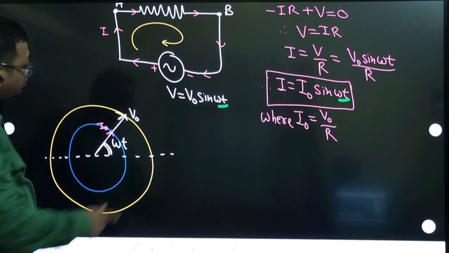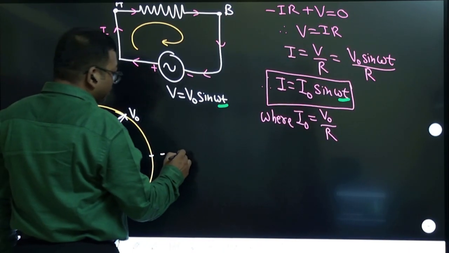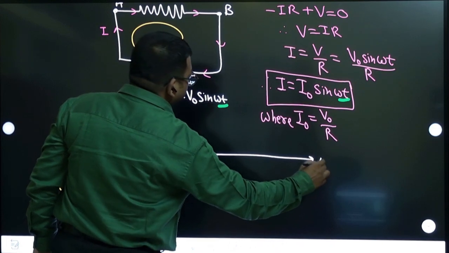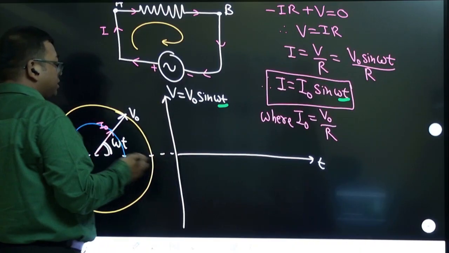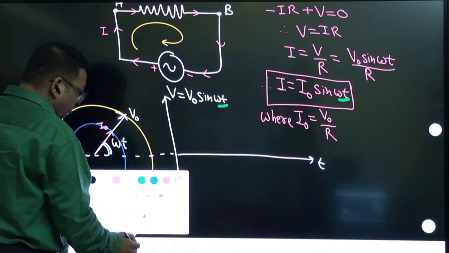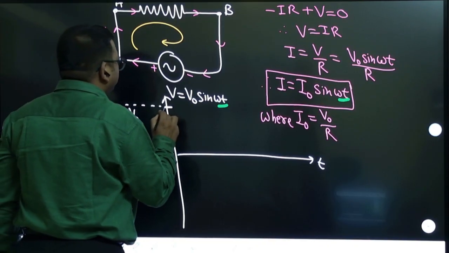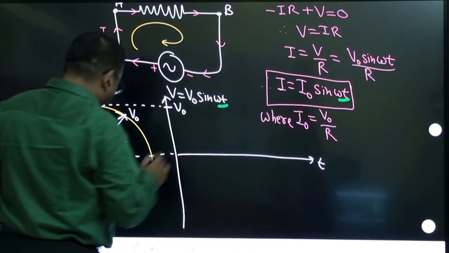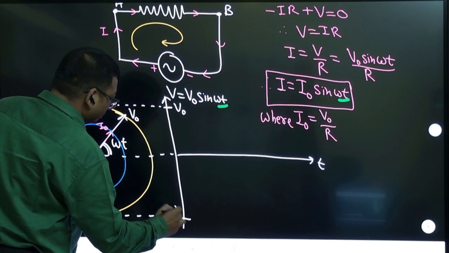Now suppose I want to draw the graph. I will take this as time, and this as the y-axis. Let us draw the voltage first. We already know this, and it is very important in the board exam, because they will ask to draw this graph. This is V naught and this lowest point is minus V naught.